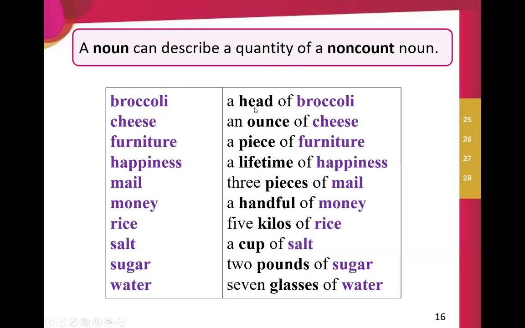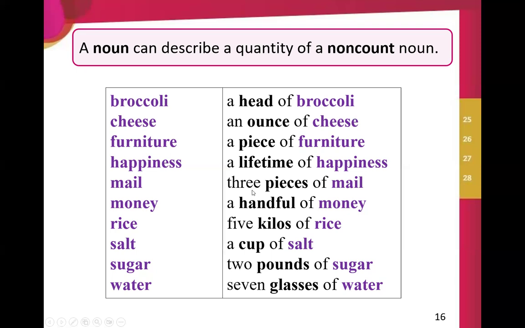Broccoli, we can use a head of broccoli. Cheese, we can use an ounce of cheese. Furniture, we can use a piece of furniture, like a chair and so on. Happiness also, we can use a lifetime of happiness. This is an abstract noun.